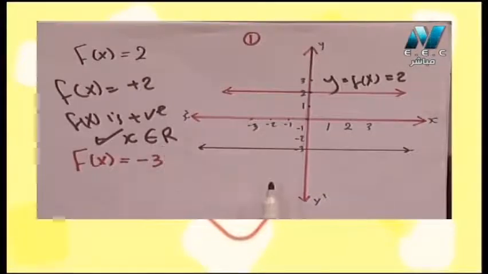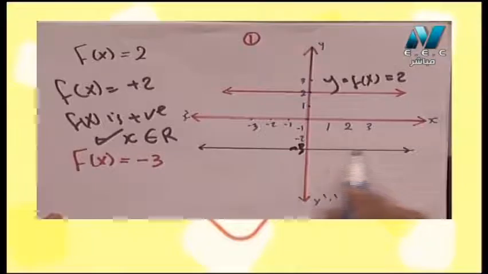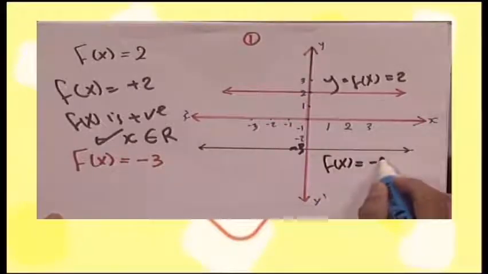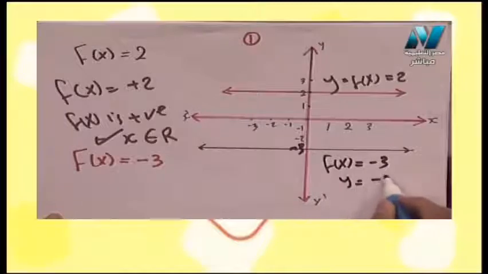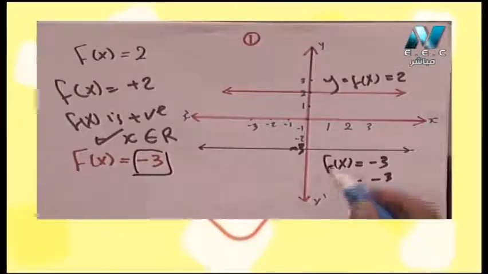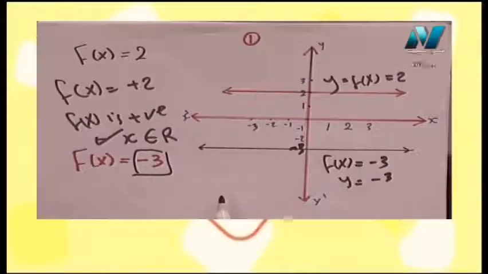Look here to see again the function f(x) equals negative 3, or y equals negative 3. It is negative all the time because it's constant and it is below the x-axis, so it is negative.